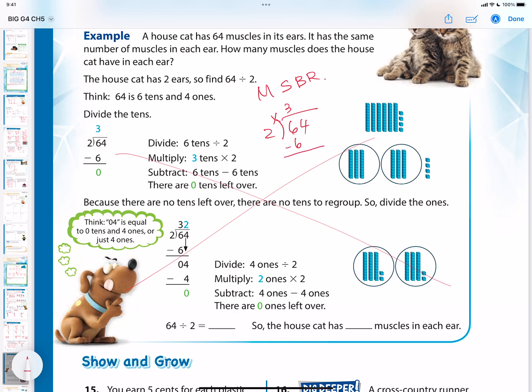And subtract, 0, bring it down 4. Now 2 times 2 is 4. Subtract, nothing to bring it down anymore, right? So the answer is what? 32. That easy. Okay, let's use this long division strategy. So 32, okay? All right, that was easy.